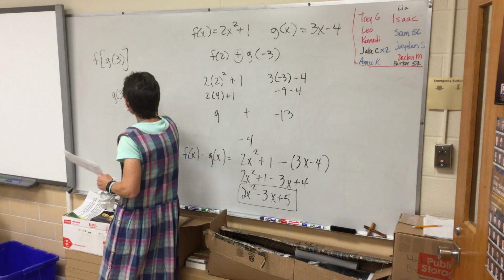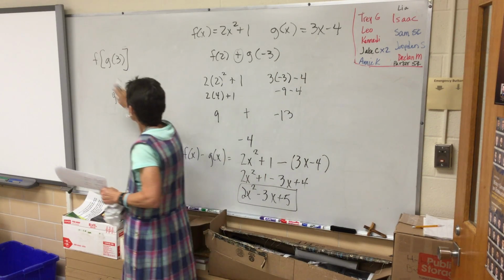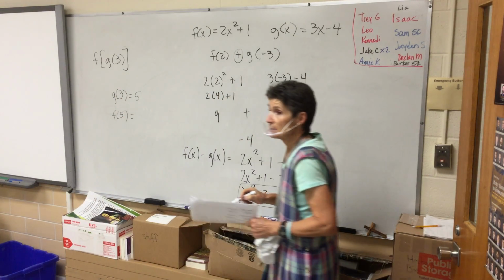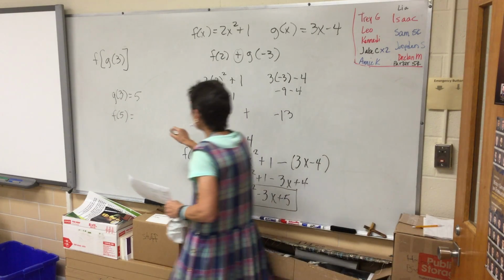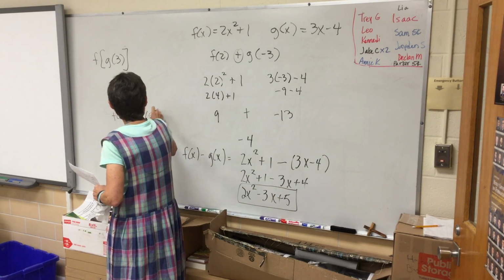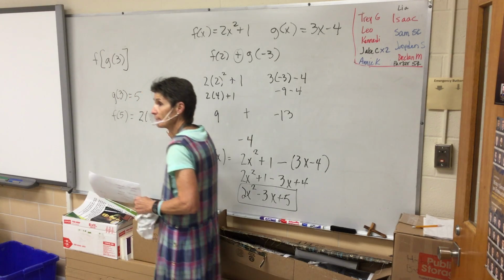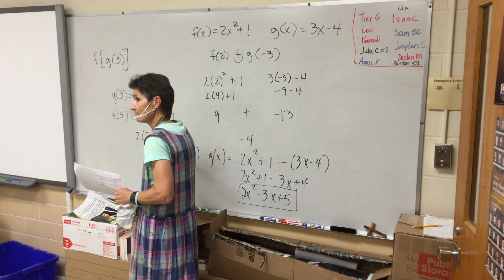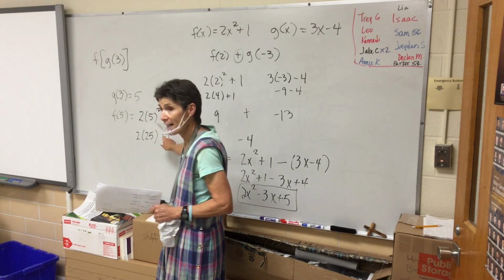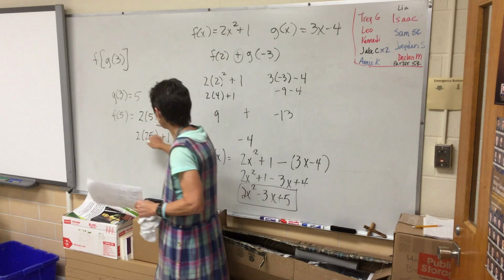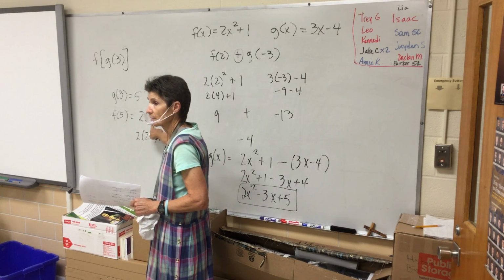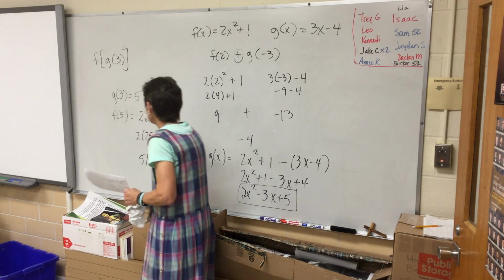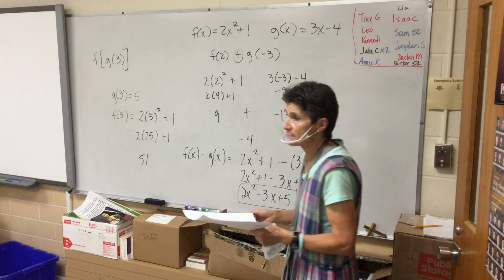So then I take the 5 and put it into f. So again, watch your arithmetic. It's 2 times 5 squared plus 1. That's 2 times 25 plus 1. That's the order we do that. Do not multiply 2 times 5. It's 5 squared. So what is that, 51? So the answer is 51.